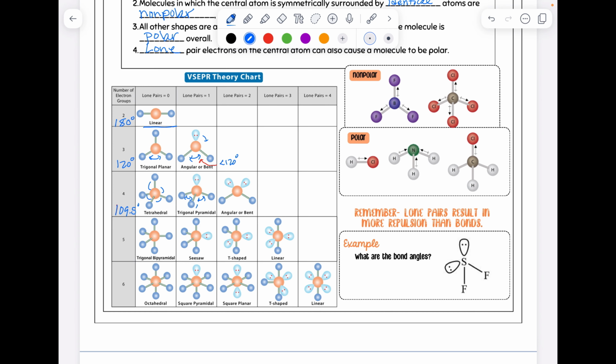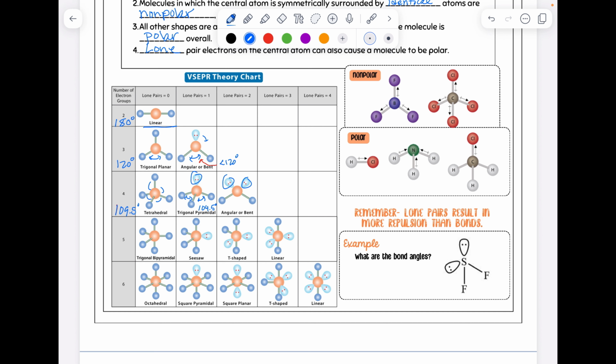And it's actually like 104.5 degrees or something, but you just need to know that it's going to be a little less than 109.5. Okay, so you're not going to need to know the exact angle, but just know that these lone pairs cause a greater repulsion. So you're going to have a smaller angle than 109.5, a little bit smaller.